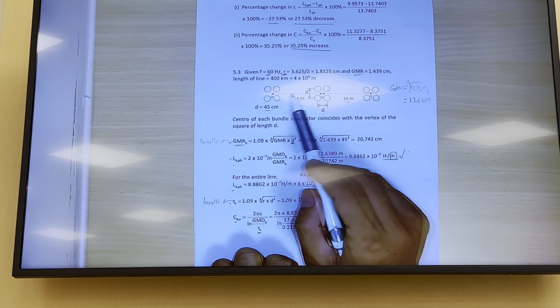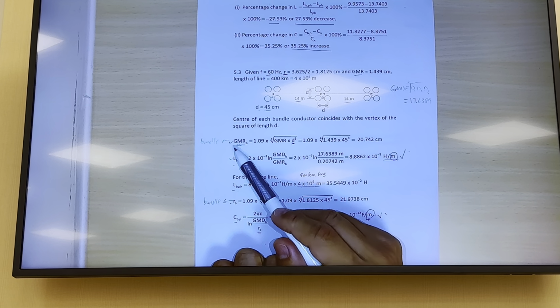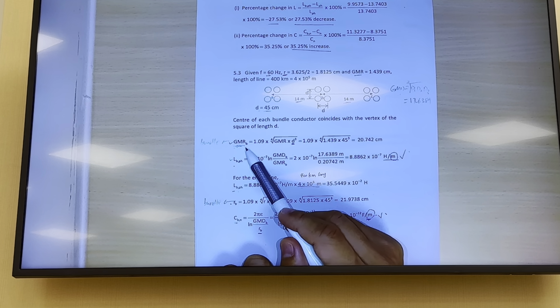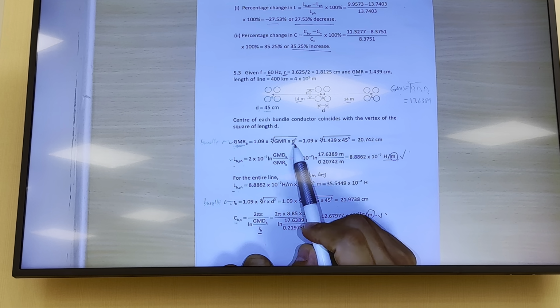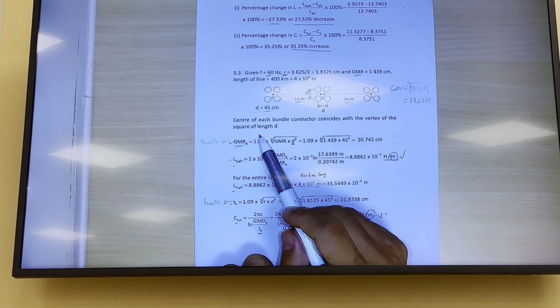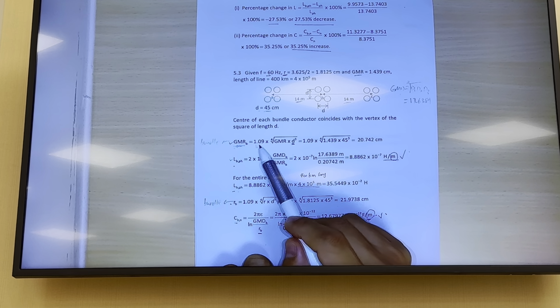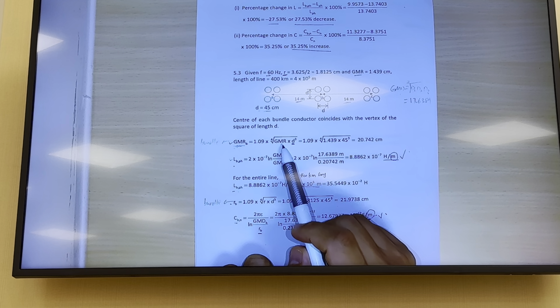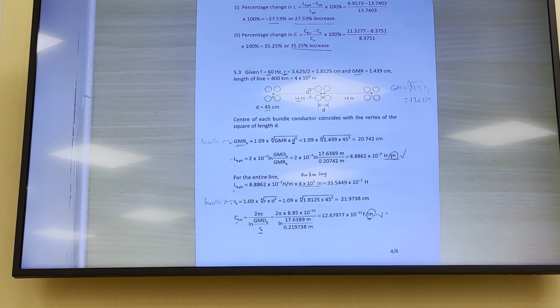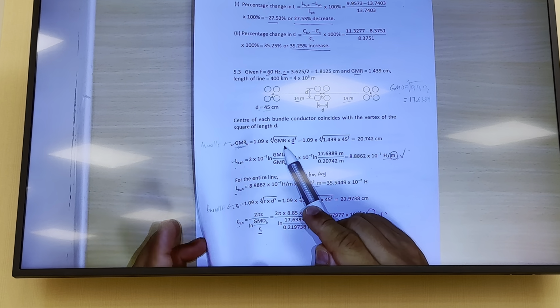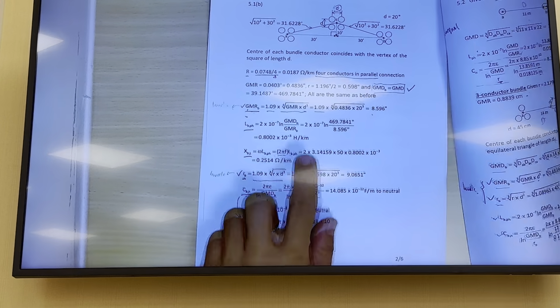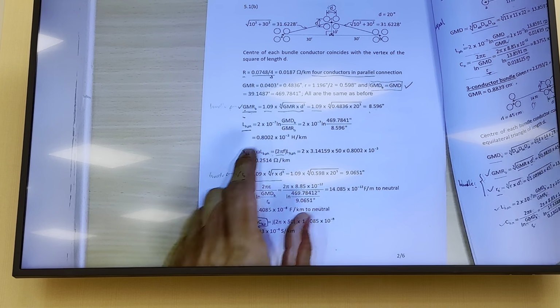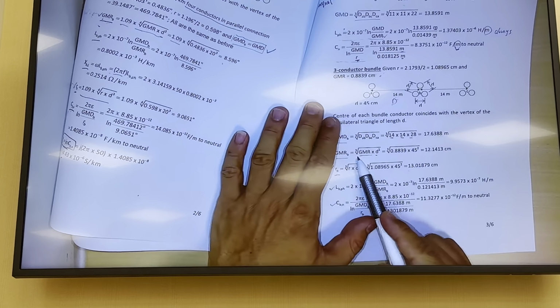Because this is a bundle, we have to calculate the GMRB. For the 4-bundle case, you always multiply by 1.09. This is the coefficient, and depending on the number of strands, you use a different one. Like this is the 4 bundle, and the 3 bundle is like this.